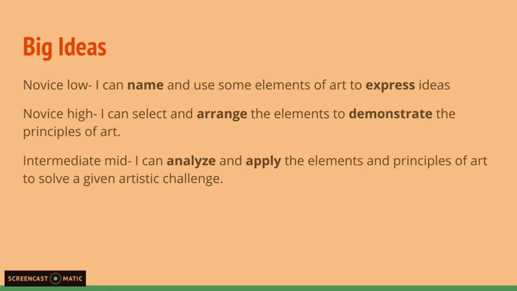So you can see how it gets a little more challenging as we go up. For these levels of students, the lesson I have come up with will apply to all of them and help them all reach their highest level.